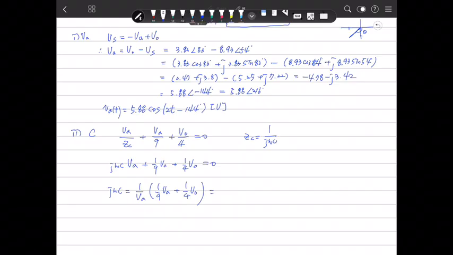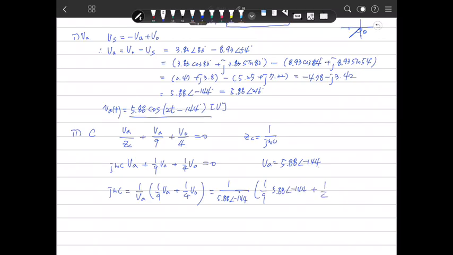So VA is here 5.88 minus 1.44, and 1 over 9 is 5.88 minus 1.44, and plus 1 over 4.